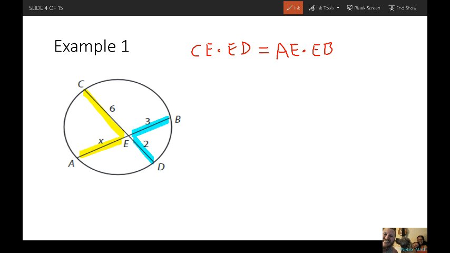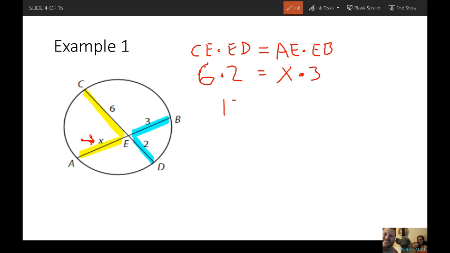Let's try it out. Again, we're using the chord product theorem to find x. X was not given to us. CE is 6, ED was 2, AE is x, and EB was 3.